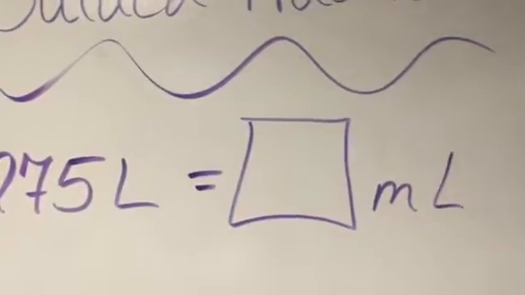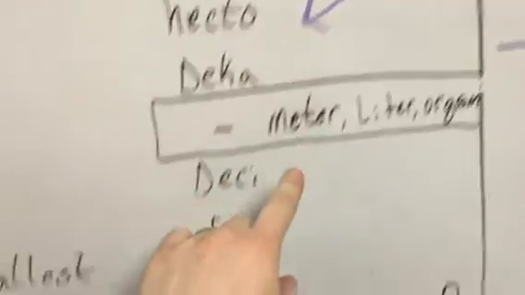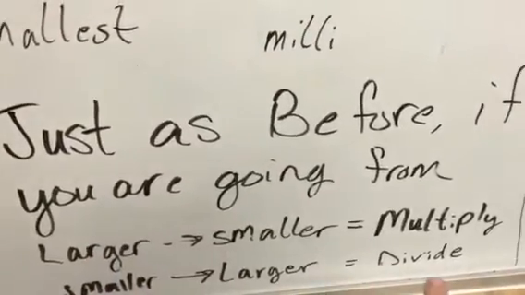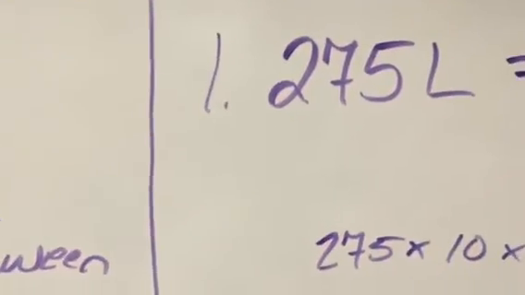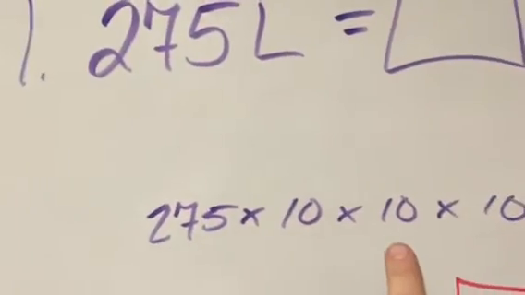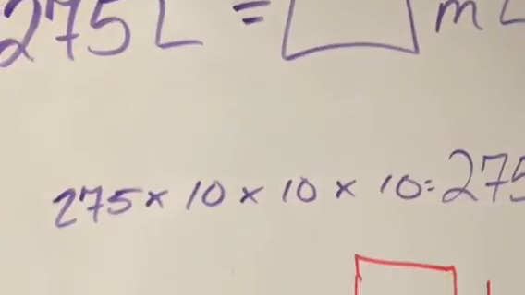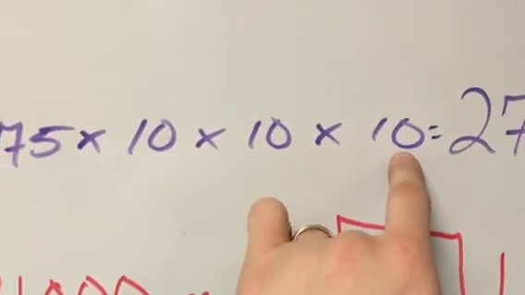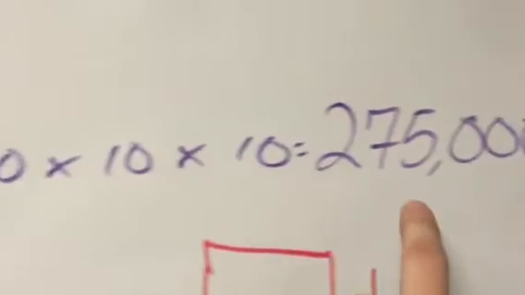275 liters equals how many milliliters? I'm going from larger to smaller, so I'm going to multiply. So I take my 275 and I know that it's 3 steps away, so I'm going to multiply by 10, by 10, by 10. I count here 1, 2, 3 zeros, so therefore my answer will end in 3 zeros.